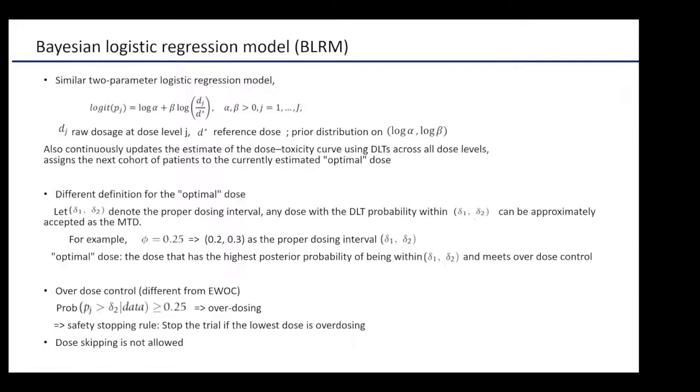This model is pretty much to find the dose level with the highest posterior probability of the DLT probability being in this interval. It's a bit of a tongue twister. So the idea is just to use this interval to guide the selection of the MTD level. Again, it also has overdose control, and it does not allow skipping.